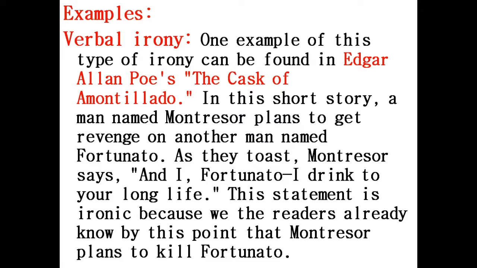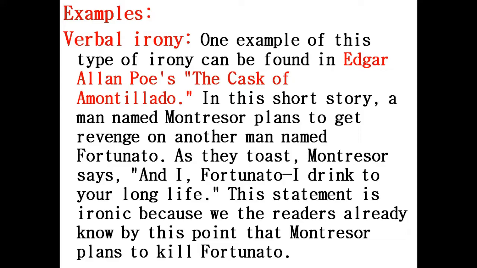The first example is for verbal irony. One example of this type of irony can be found in Edgar Allan Poe's The Cask of Amontillado. In this short story, a man named Montresor plans to get revenge on another man named Fortunato, from fortune. As they toast, it means when they eat, Montresor says, "And I, Fortunato, I drink to your long life."